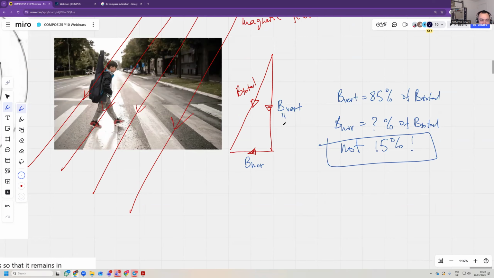Basically what this says is that the vertical is 0.85 of B total. So if you want this angle, theta, you can use trigonometry.